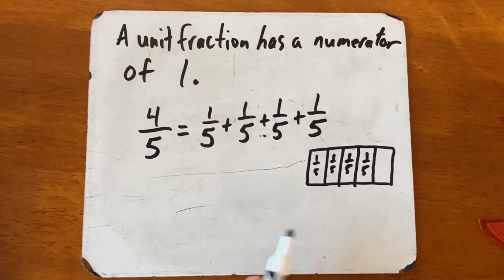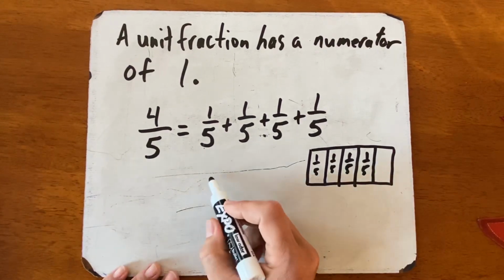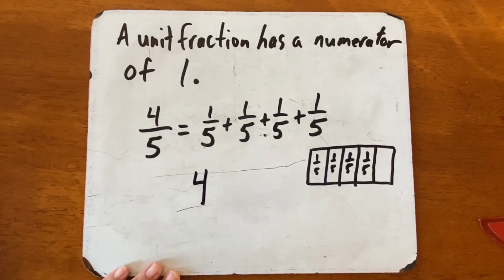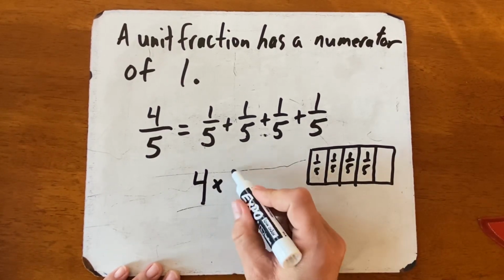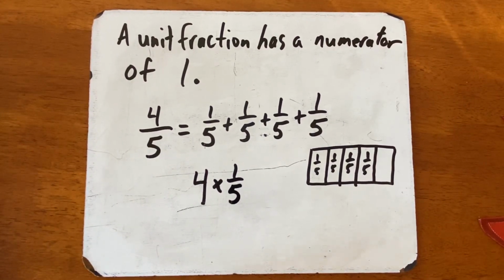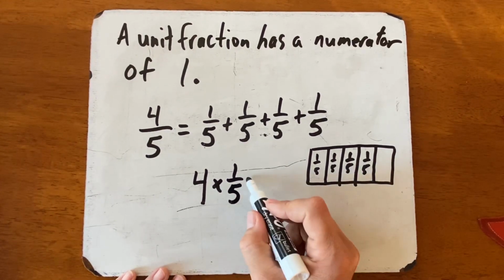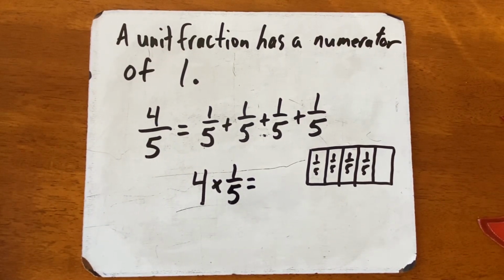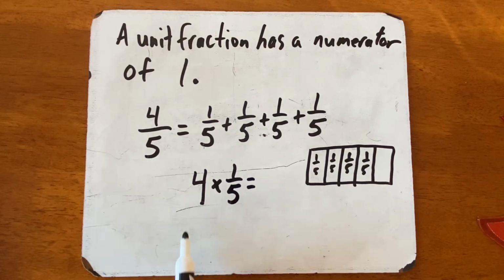So another way you could write that using multiplication would be to do something like this. I have 4 parts of 1/5, and I could write that as a multiplication problem. 4 times 1/5. So that's the way it would look. Now, when we're multiplying this out, just think about it for a second.